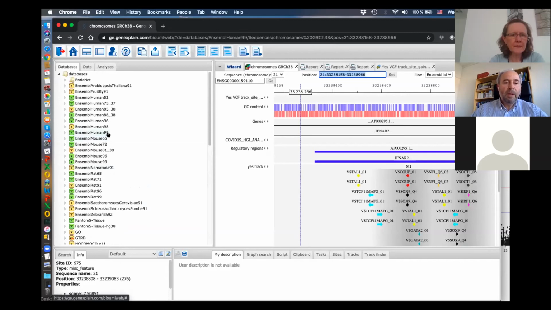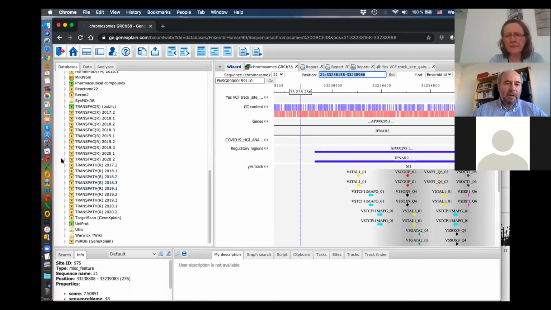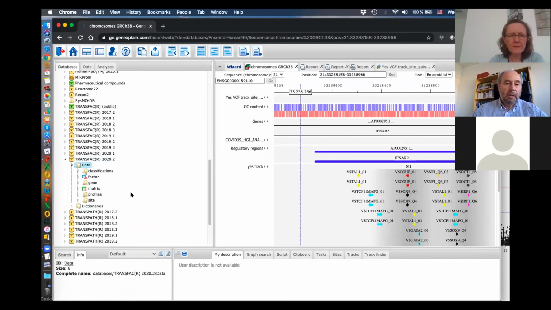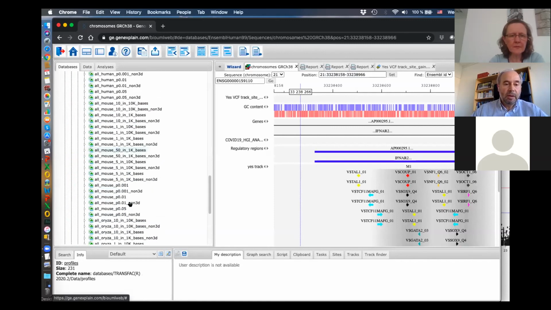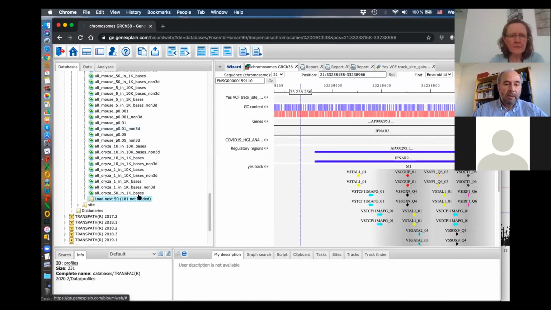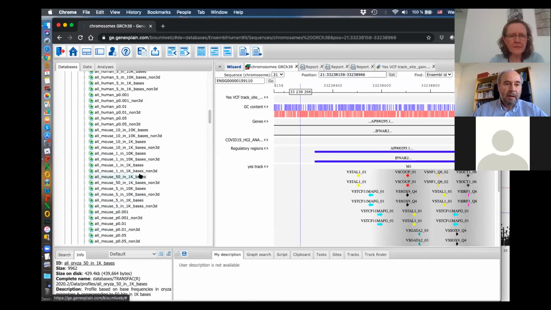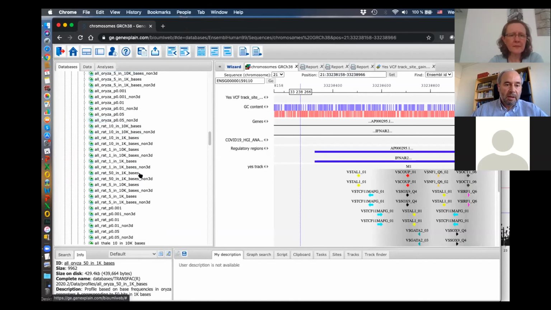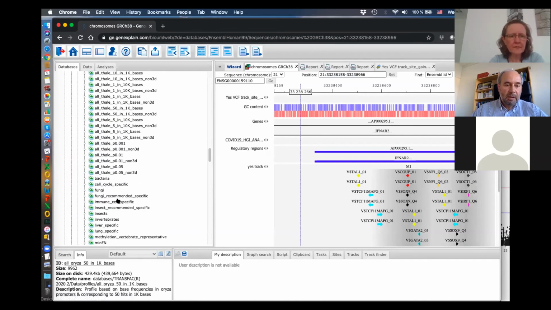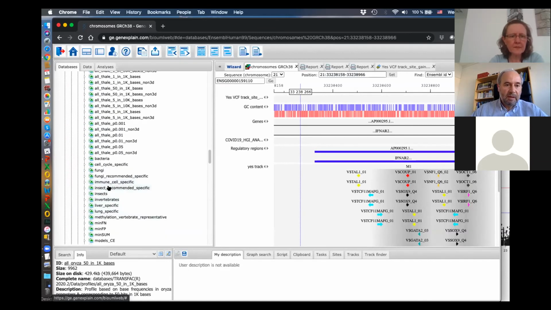As for plants, in TRANSFAC there are plant matrices, and TRANSFAC is, I would say, very unique in general, but in terms of plants it's really unique. There is quite a big collection of plant factors and plant matrices present in TRANSFAC.